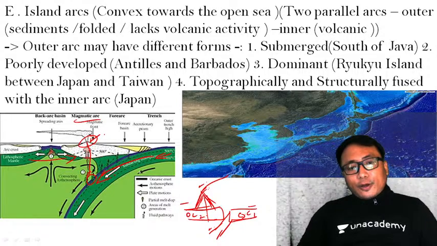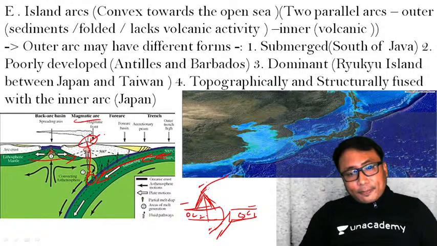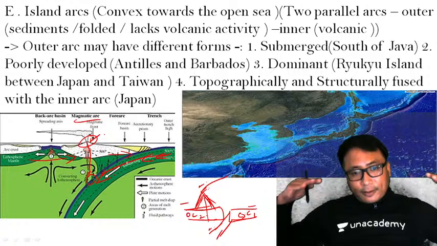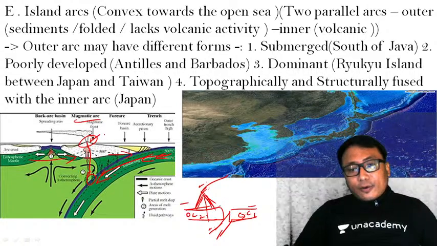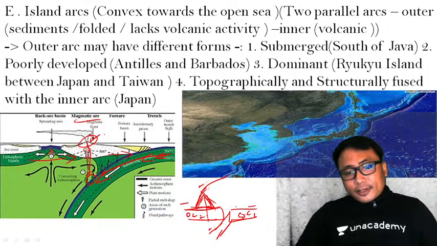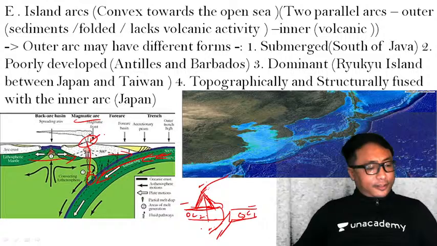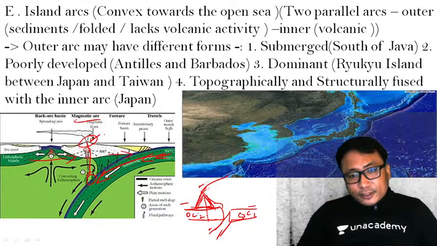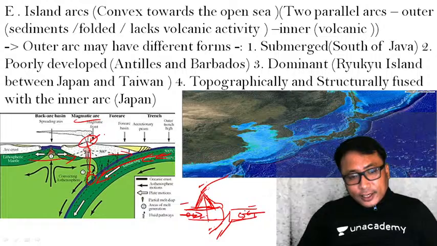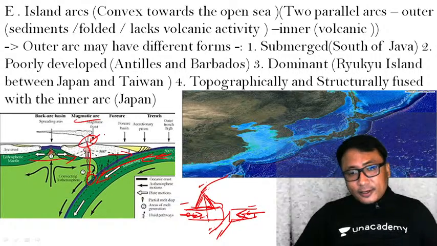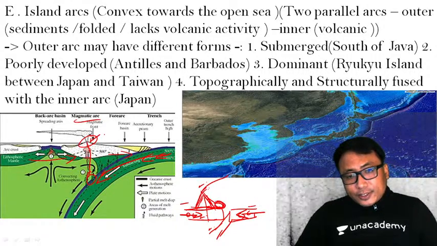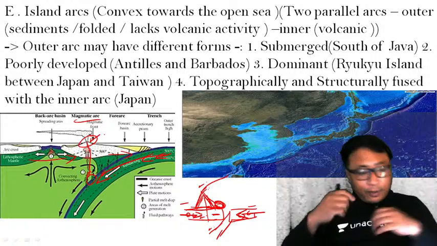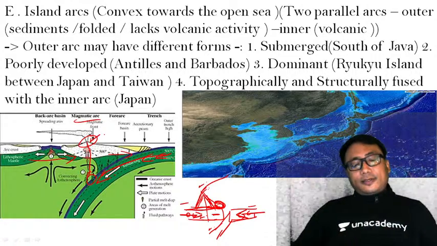But you see here, whenever these two oceanic plates are coming against each other, in the oceanic plate you have sediments. Whenever this oceanic crust and this oceanic crust come towards each other, these sediments over the oceanic crust will also be subducted.